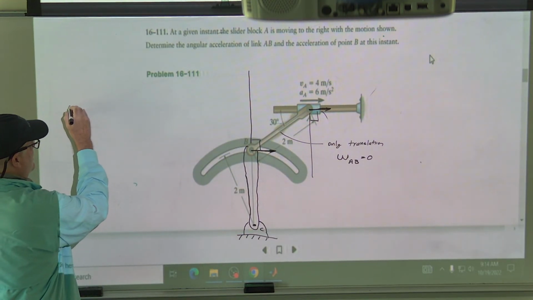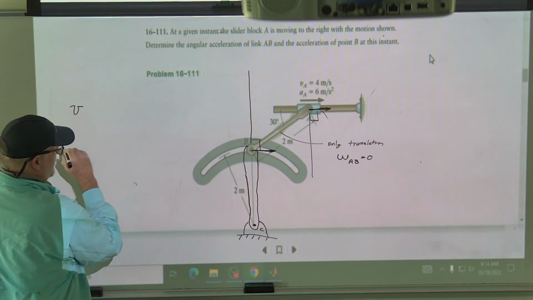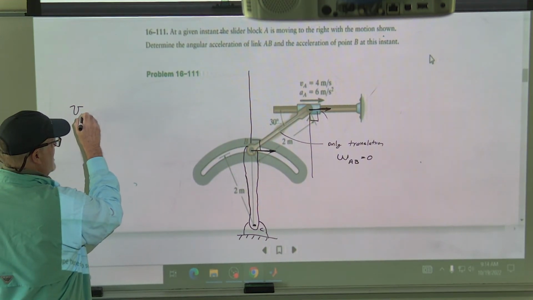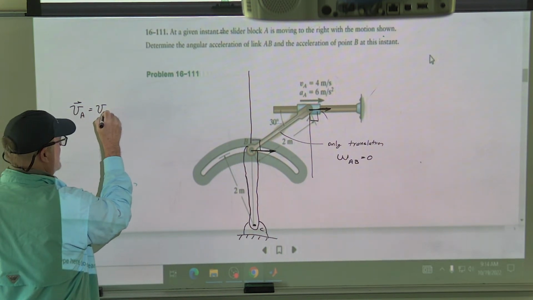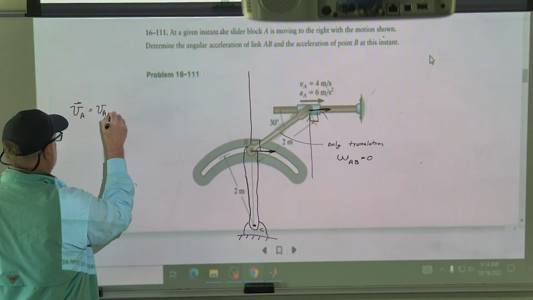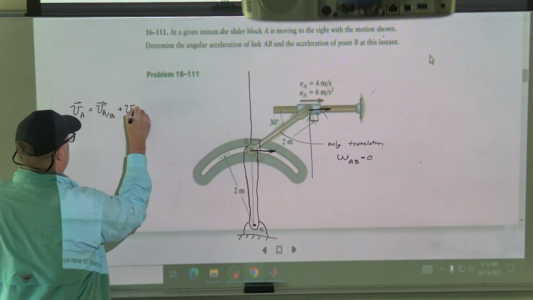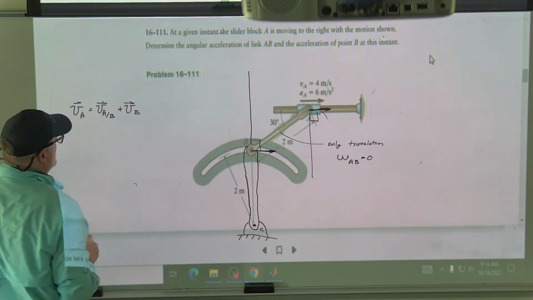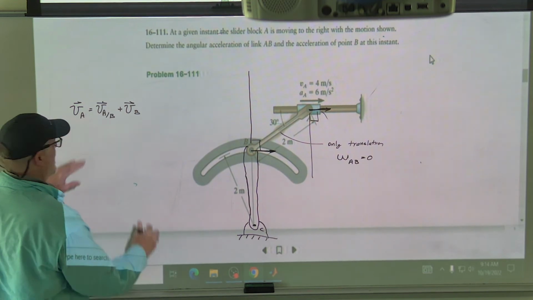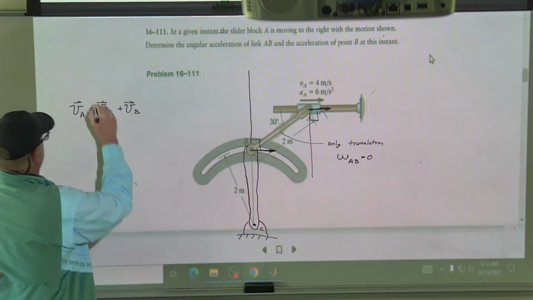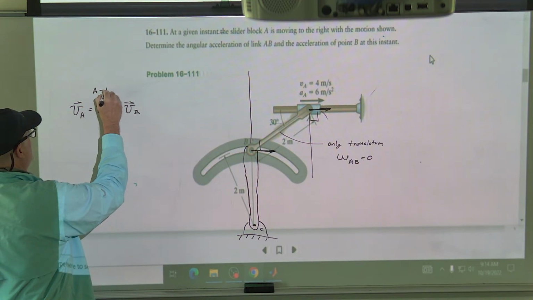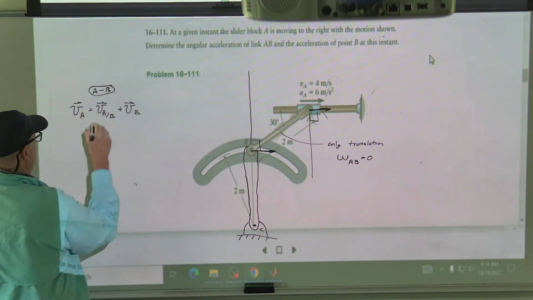Now, if I do it this way, velocity of A is equal to velocity of A relative to B plus the velocity of B. That is on link AB.